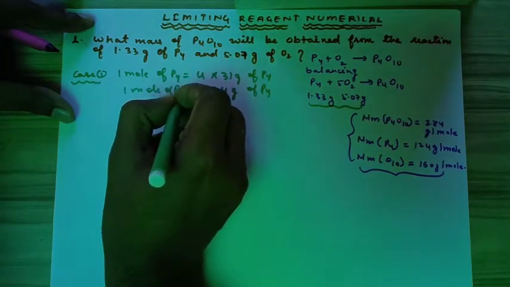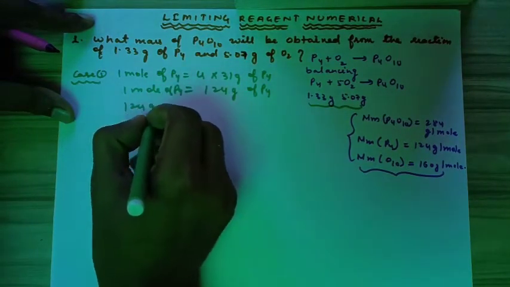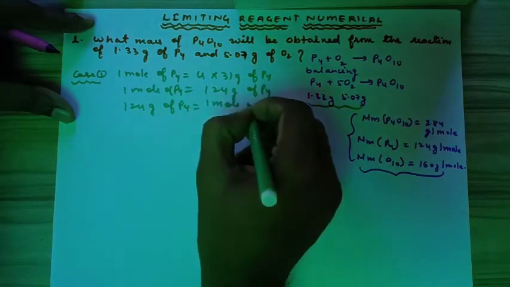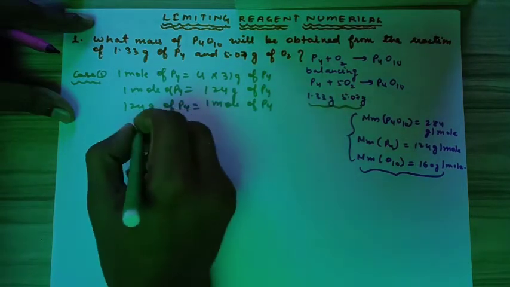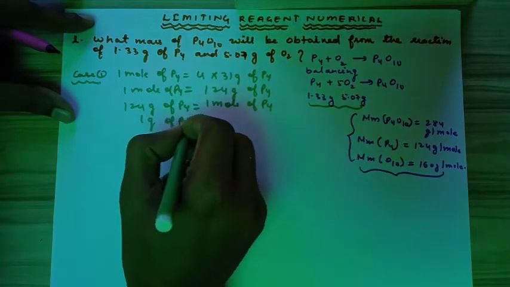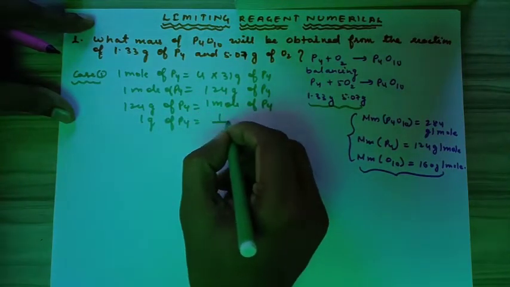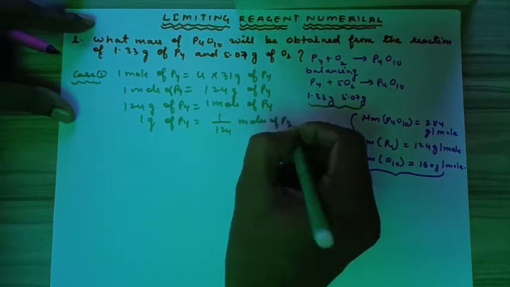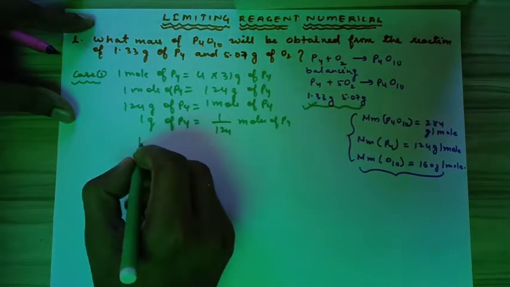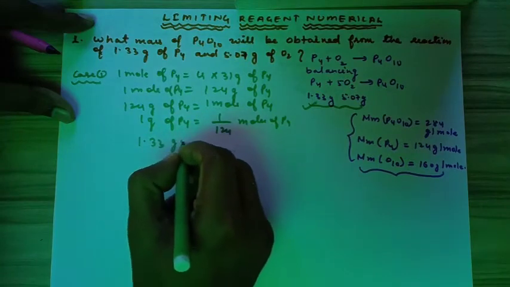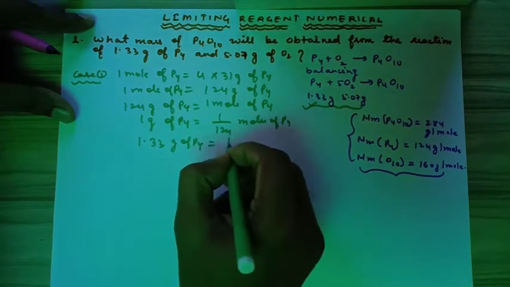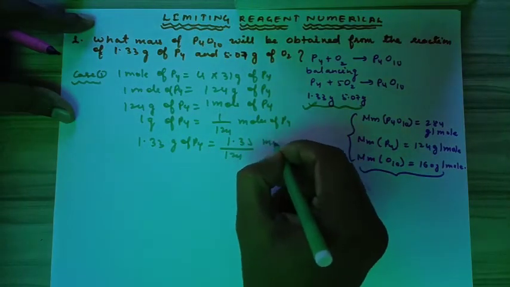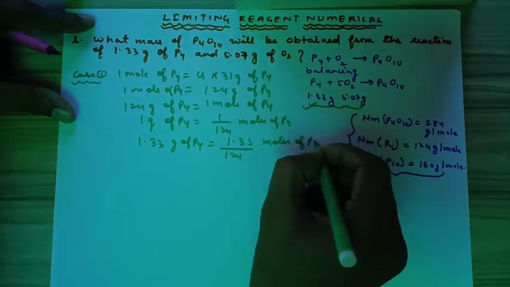Or in reverse order we can say that 124 gram of P4 will give us 1 mole of P4. So 1 gram of P4 will be 1 by 124 moles of P4. So we have to obtain it for 1.33. So 1.33 gram of P4 will provide us 1.33 upon 124 moles of P4.